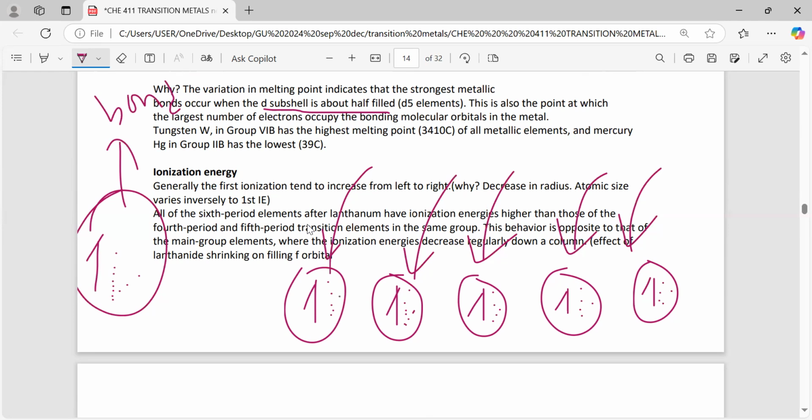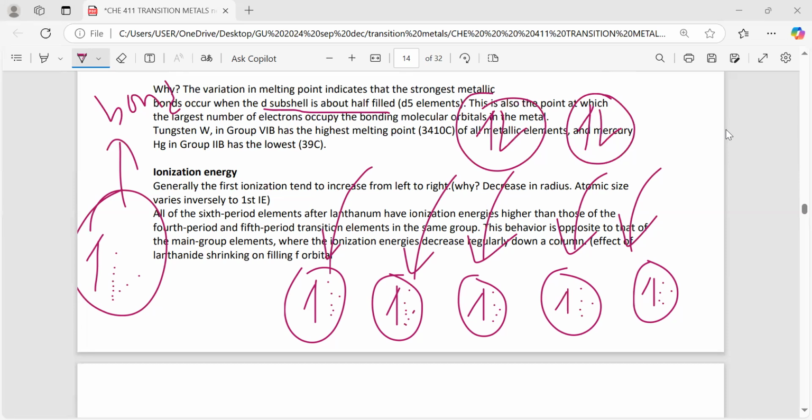So when you have half filled, that's when bonding will easily form, and therefore you have the highest number of electrons occupying molecular orbitals. But imagine when you have them filled. Assume you have this filled like that, then you have this also full. Let me redo it so that there is enough space.